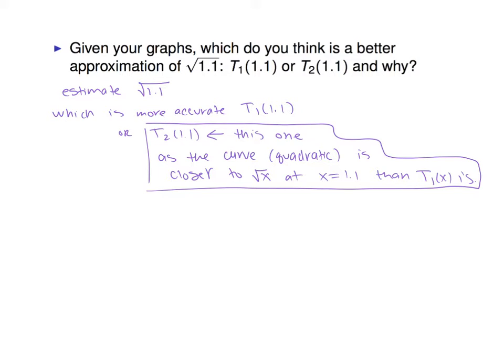So all of the T polynomials will be accurate at square root of 1. Yes, they will all match at square root of 1. They'll all perfectly match square root of 1, but the higher you go, the closer you get out. Yeah, the higher you go, the more accuracy you have, further away from that number.